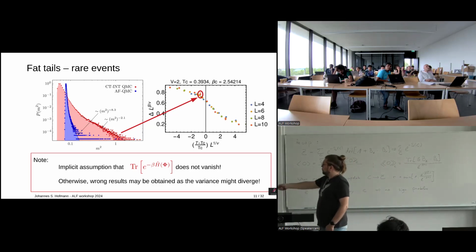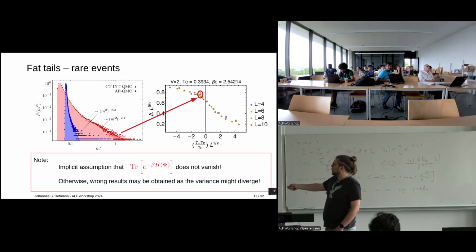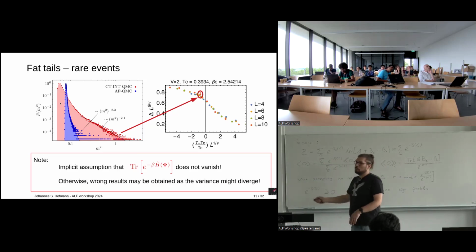And what you notice is that there is a tail towards large values of this magnetization, and the tail decays, but it decays fairly slowly. If you inspect it a little closer, the tail decays with a power of minus 2.1.